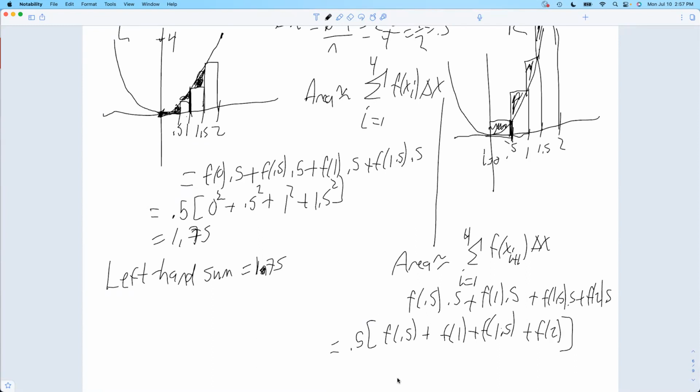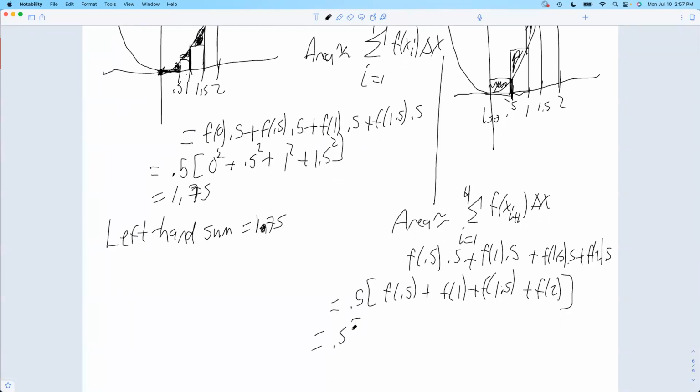Notice we get a pretty similar expression to what we had before, only now instead of starting at the very left-hand side, that one's missing, and we added in the very right-hand side. A lot of repeats occur in both lists.